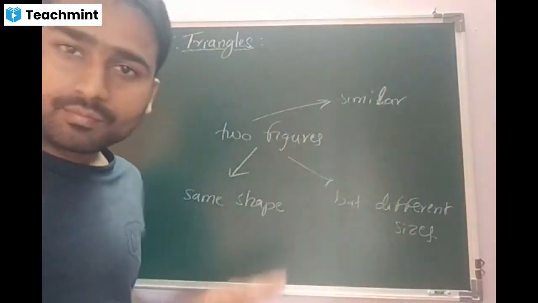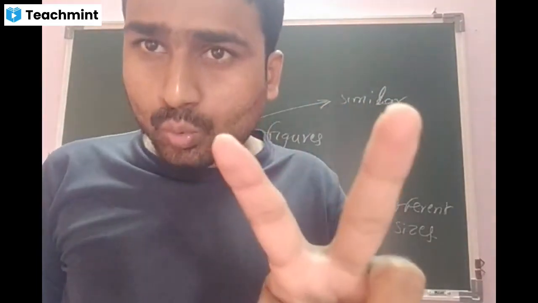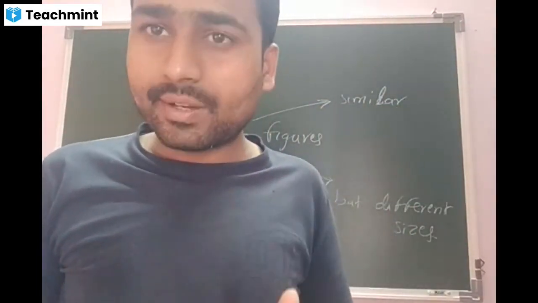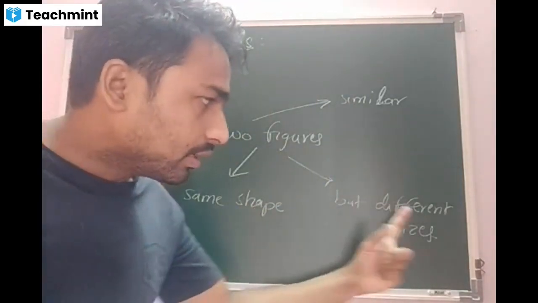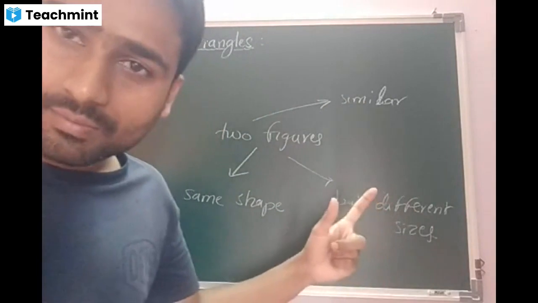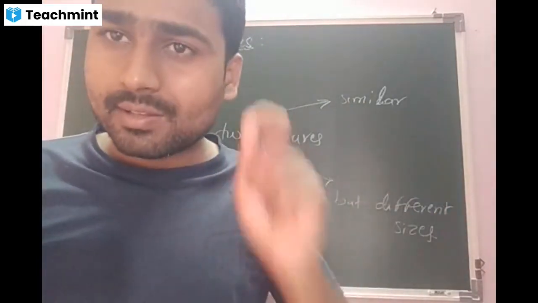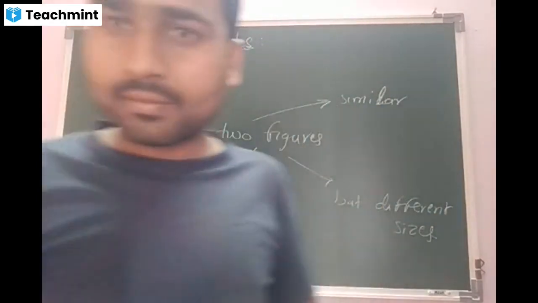Yes, sir. So I repeat the general definition. The two objects or figures having the same shape but differing in their sizes are called similar figures. Is that clear, beta?